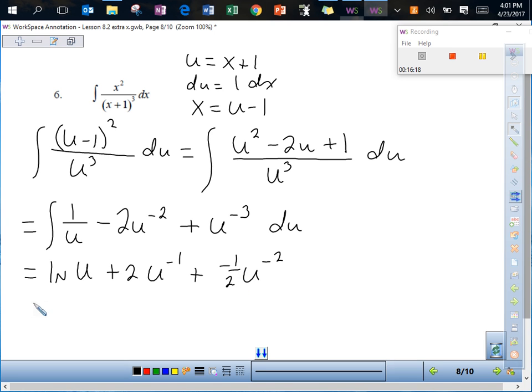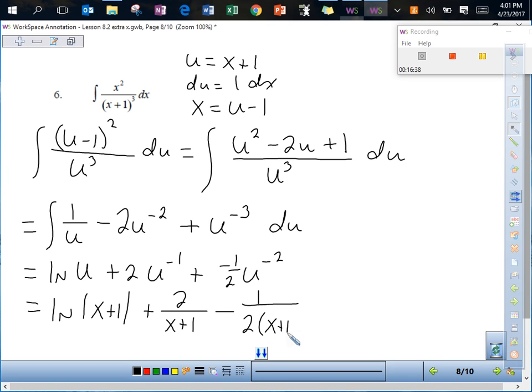So it looks like my ending answer: I've got the natural log of u, and u happens to be x plus 1, plus 2 over x plus 1, minus 1 over 2u, which happens to be x plus 1 squared, plus c. We wound up having 3 pieces on this one because when we FOILed out that numerator, we got 3 pieces. So there's where we are so far.